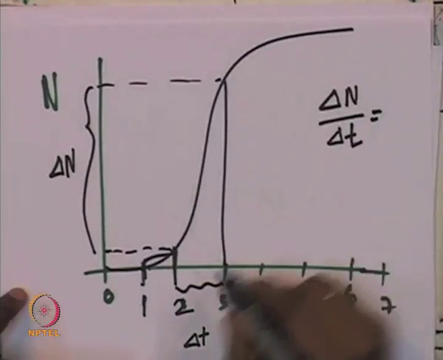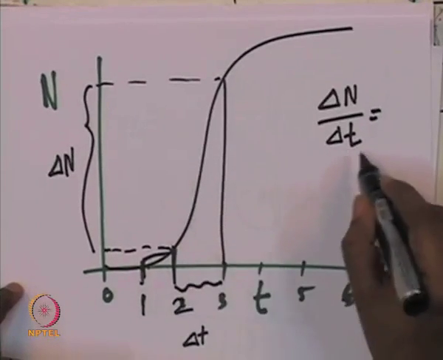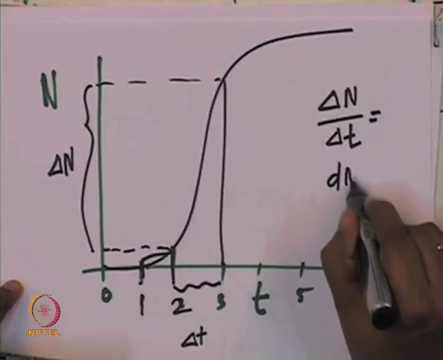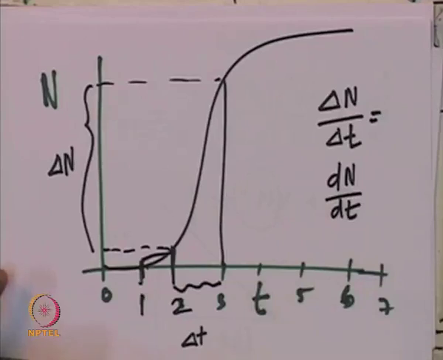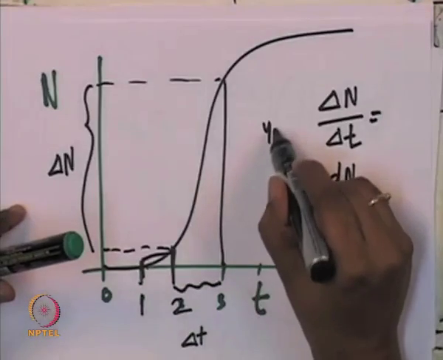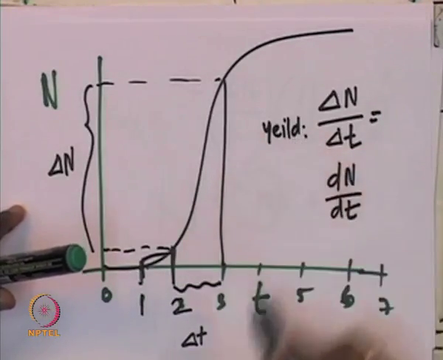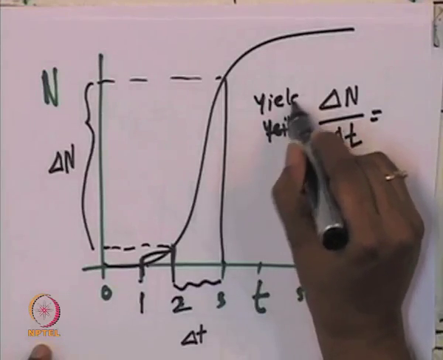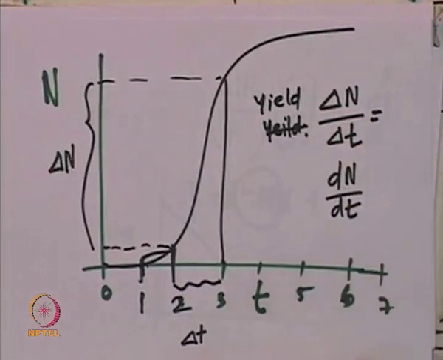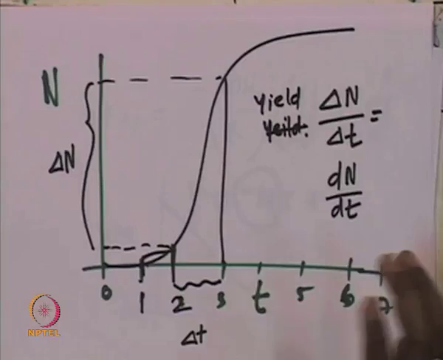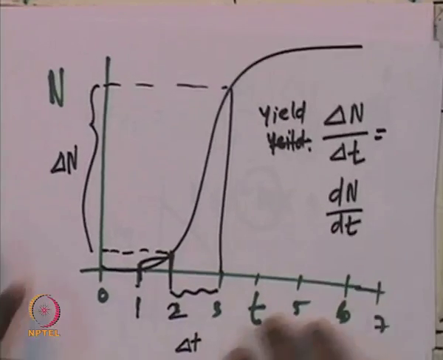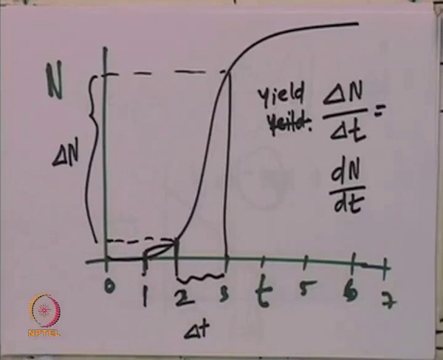In other words, when delta t is very small, I can call it dn by dt, the yield. So the slope, or the derivative, gives you the yield. So think about it once more.